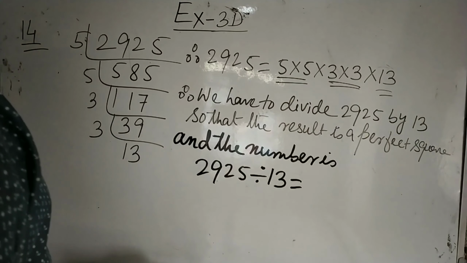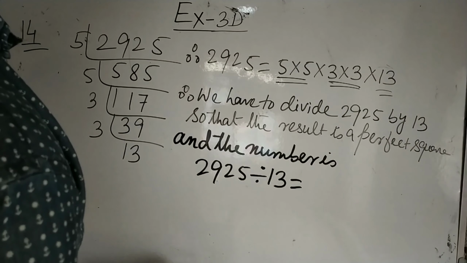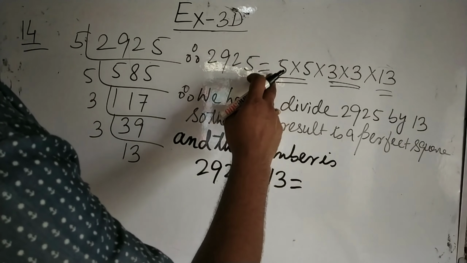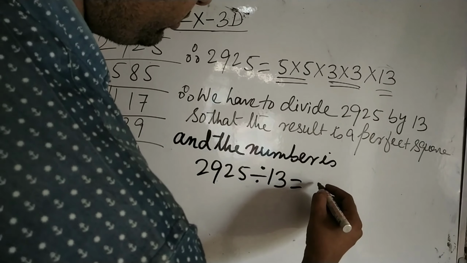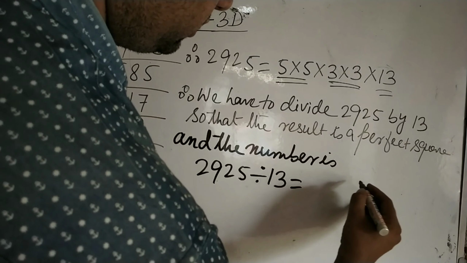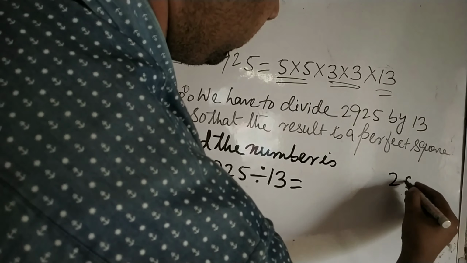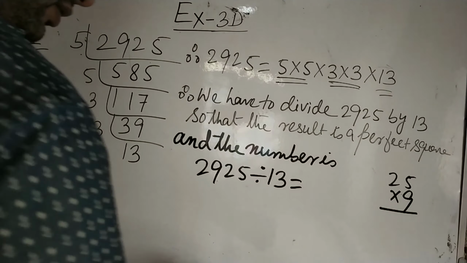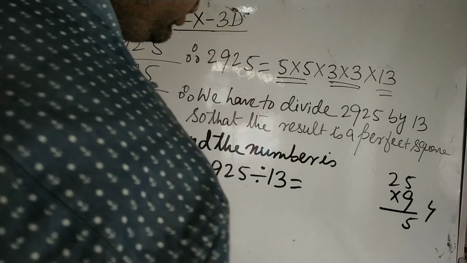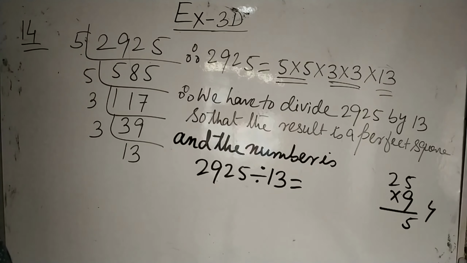There will be no 13. So the result will be 5 into 5, 25 into 9. Multiply 25 into 9. 5 9s are 45, 5, 4 in hand. 9 2s are 18.